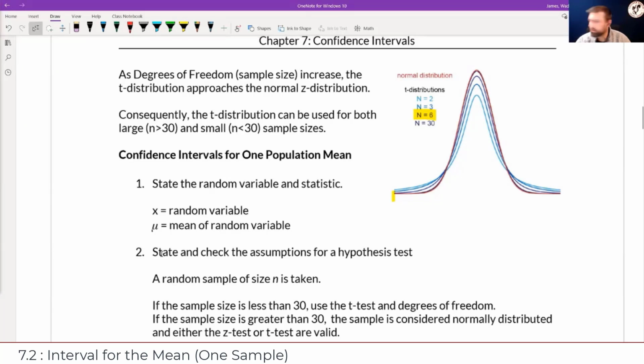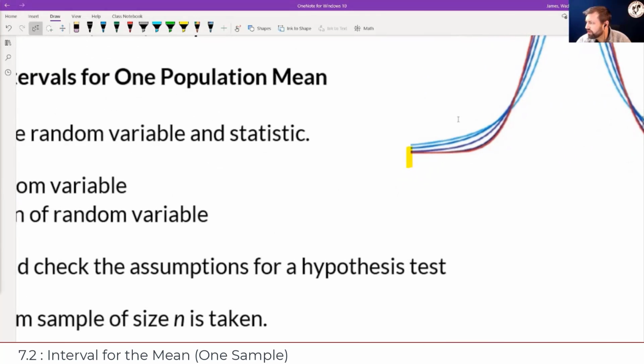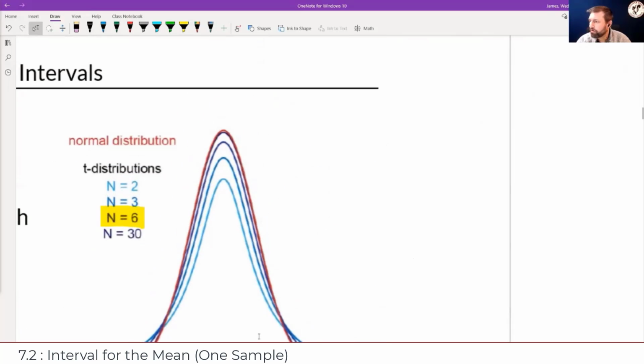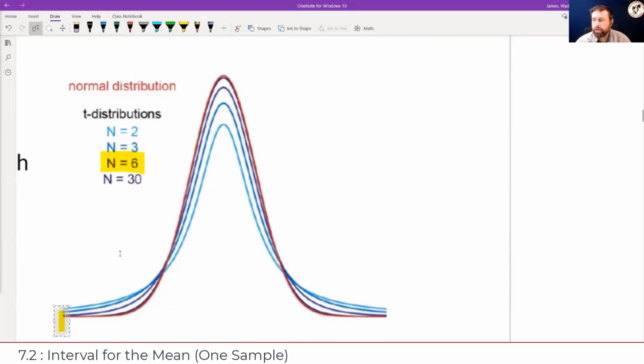I don't know how well you can differentiate these colors, but it looks like the purple graph. And if you have only 3 people, the normal distribution gets skewed even more. And if you have 2 people, it's skewed a tremendous amount. And what's being skewed not only is the curve, but the area, i.e. the probability, right? That's why this is important.